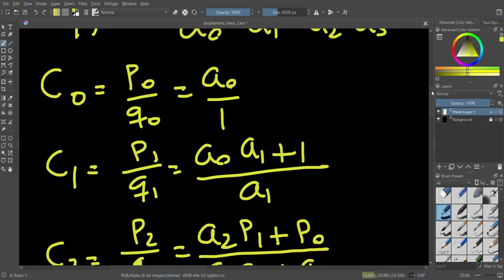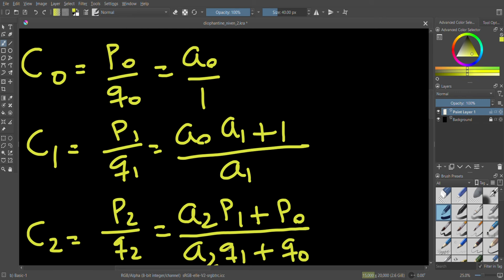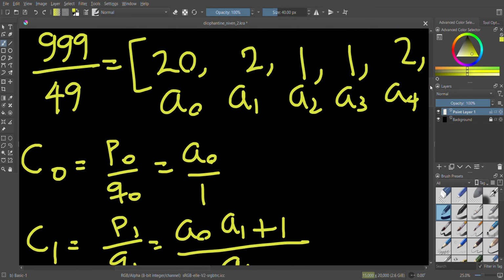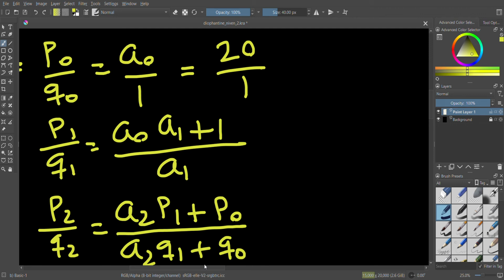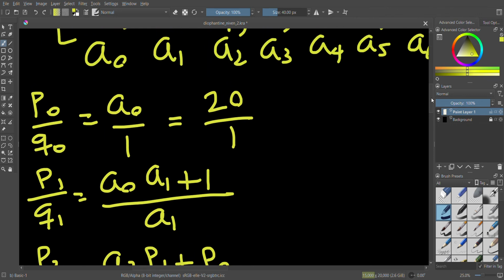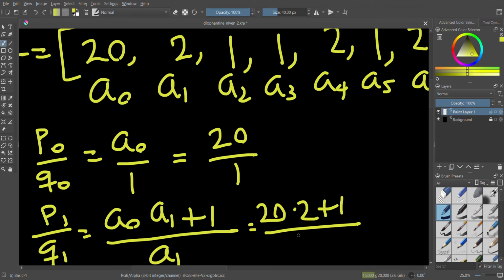Now, one way to catch yourself making mistakes is the convergents are roughly always going to be close to 20, which is your A0, right? So you start with 20 over 1, and then this next one is A0 times A1, which is 20 times 2, plus 1, divided by A1, which is 2.